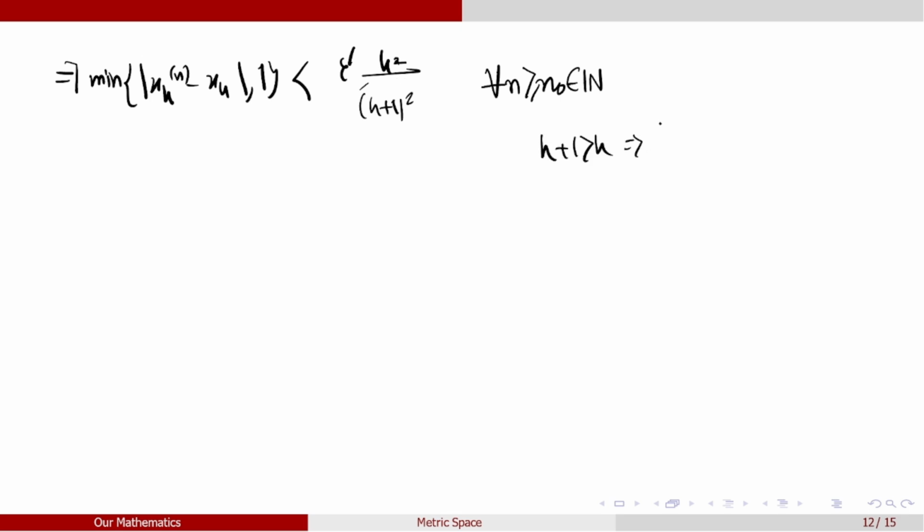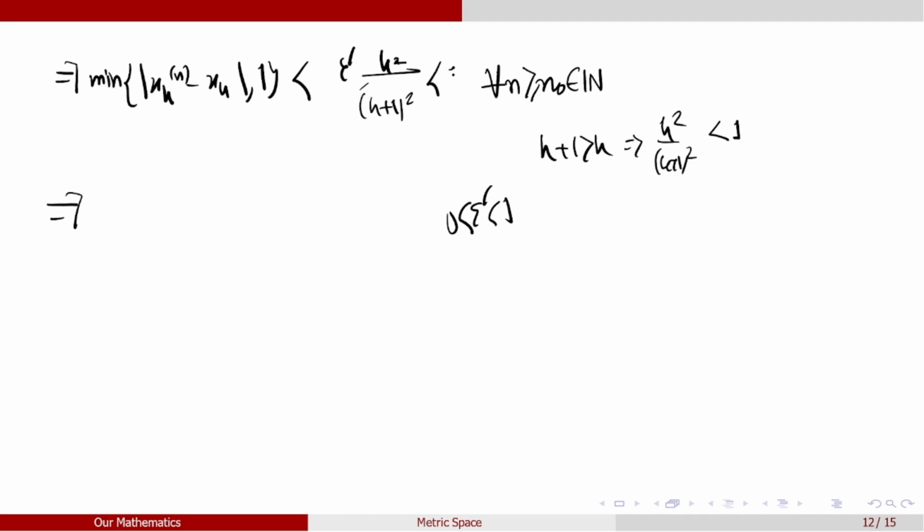Now k plus 1 is greater than k. This implies k square by (k plus 1) whole square is strictly less than 1, and epsilon prime is already lying between 0 and 1. That means this is strictly less than epsilon prime, which is strictly less than 1.